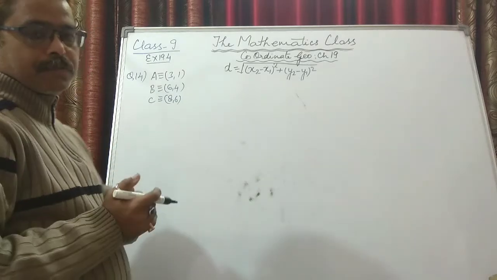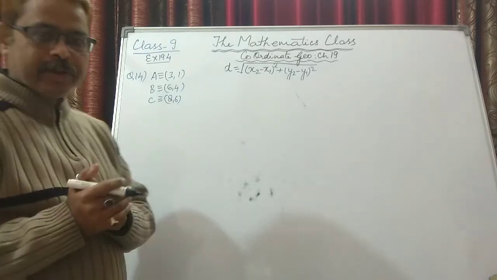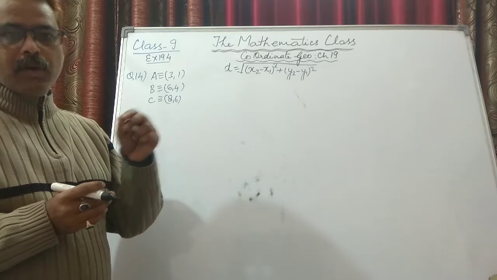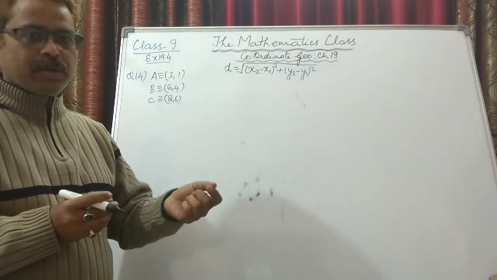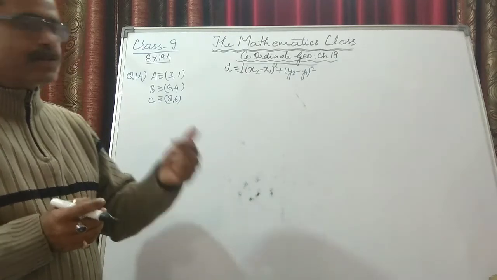Now what is the meaning of collinear? Collinear points means all the points that are said to be collinear must be in a straight line.